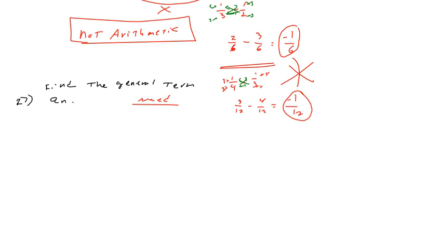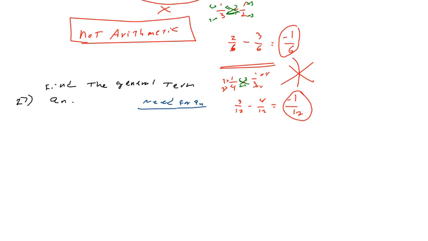To do this problem, let me do this in blue. What do we need to find a sub n? We need two things to write the equation. What two things do we need?